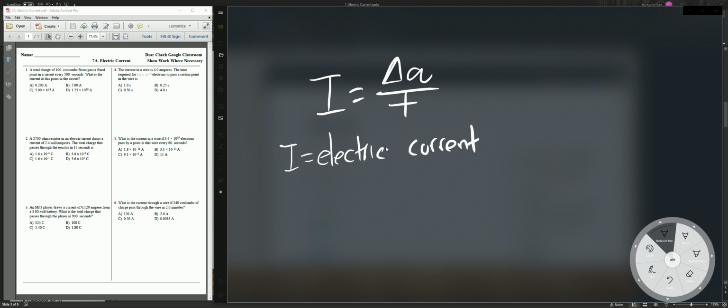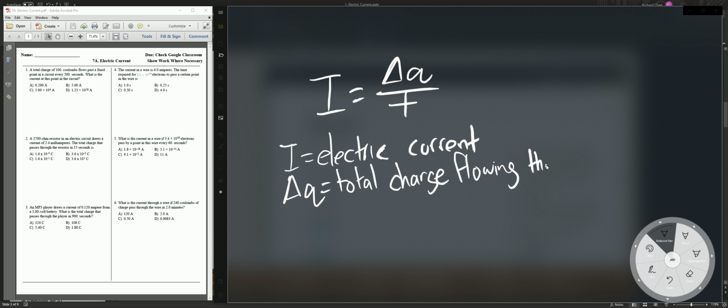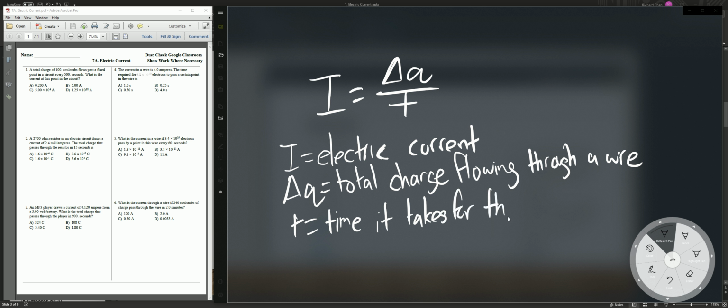That's how many electrons are flowing through your wire at any given moment. Delta Q is your total charge flowing through a wire, and your time is the time it takes for that charge to flow through.